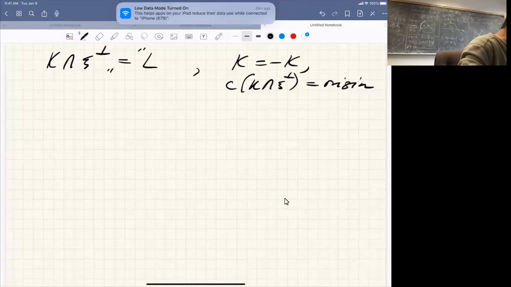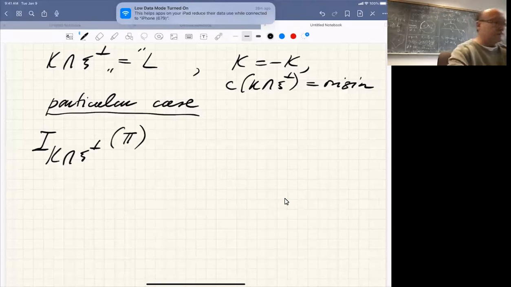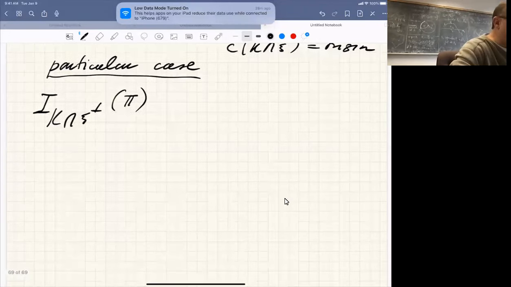I want to consider the moment of inertia. Let's consider this particular case, the particular case according to Christus. So I have this moment of inertia, K intersection psi perp, and I'm going to take this line passing through the center of mass, through the origin.